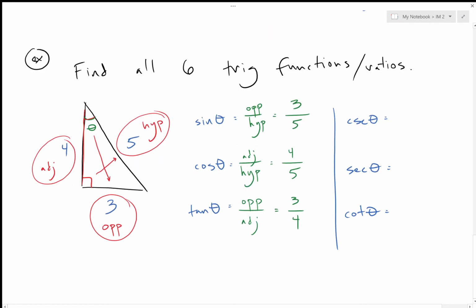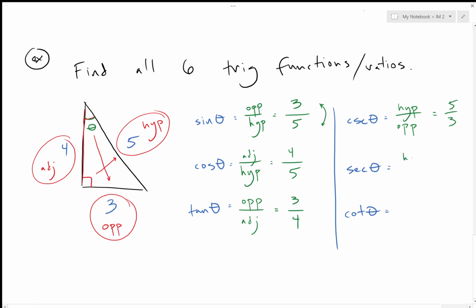Now remember, for the other three, cosecant, secant, and cotangent, it's just the flips of all of these. We could flip all the numbers or flip the words, however you want to do it. Cosecant is hypotenuse over opposite, or just flip this fraction here: 5 over 3.